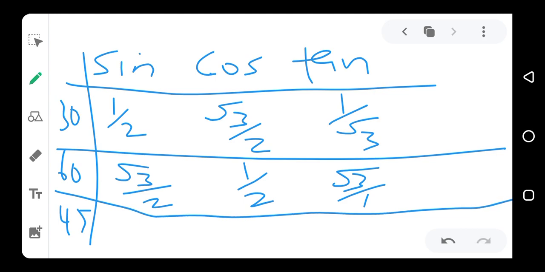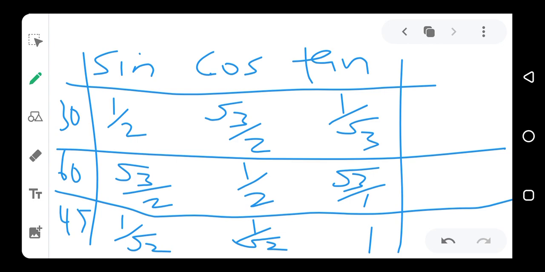Sine 45 is 1 over root 2, and the same thing with cos 45, 1 over root 2, while tan 45 is 1. So this is the table for the special angles.